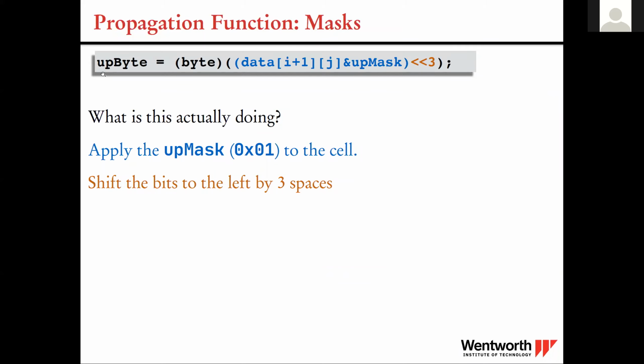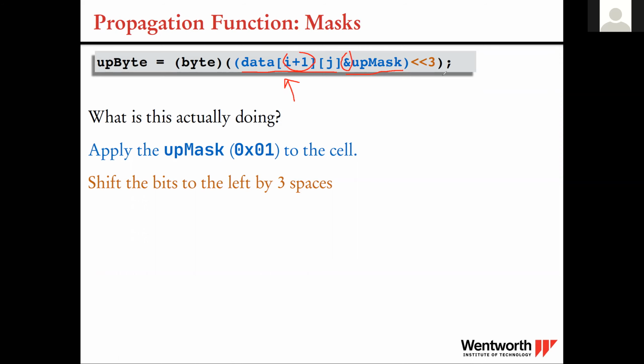To get our up byte, we're going to do exactly what I mentioned before. We're going to take the cell above us, the one at I+1, and apply the up mask using the bitwise AND. That's the first piece: we apply the up mask 0x01 to the cell that's above us.